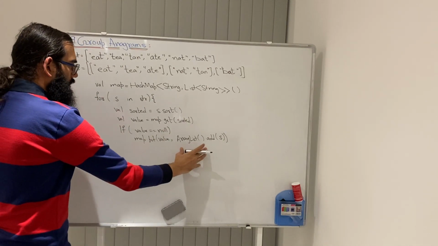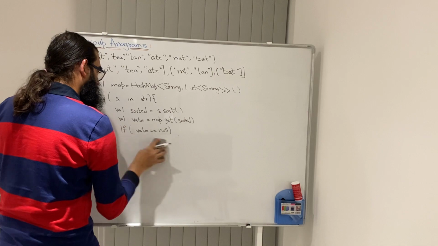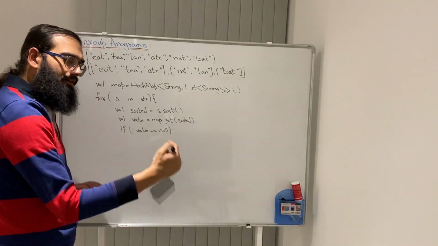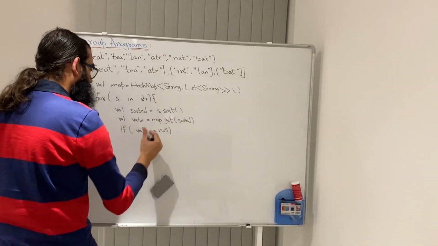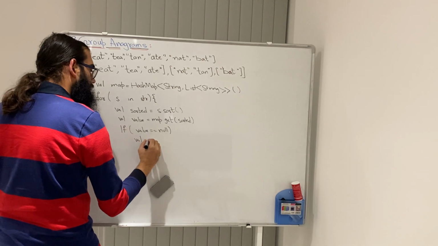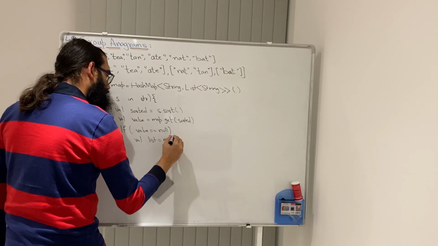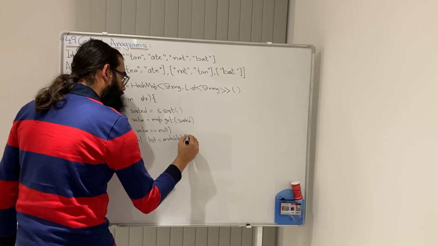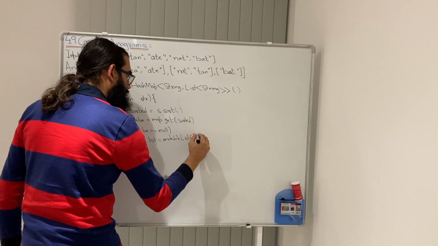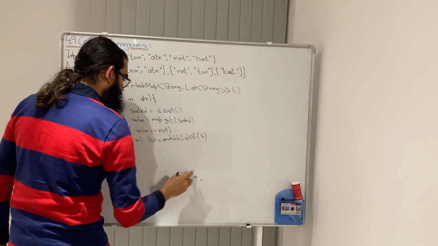Instead, this is wrong, because dot add, I think, will return a boolean, so it will be true or false. So I need to create first val list, a mutable list of string, and I will put the string s.